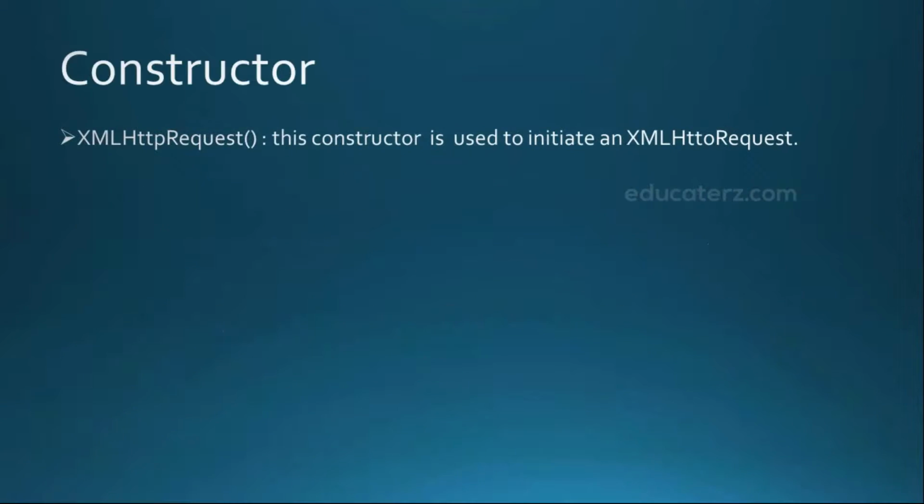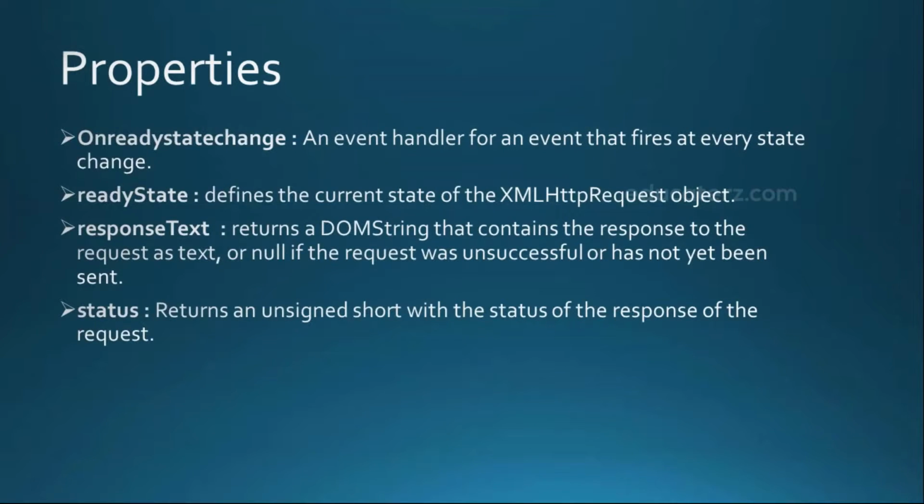Constructor. This constructor is used to create the XmlHttp request object, which will be used to send data or fetch data from the server. The XmlHttp request accepts some parameters.